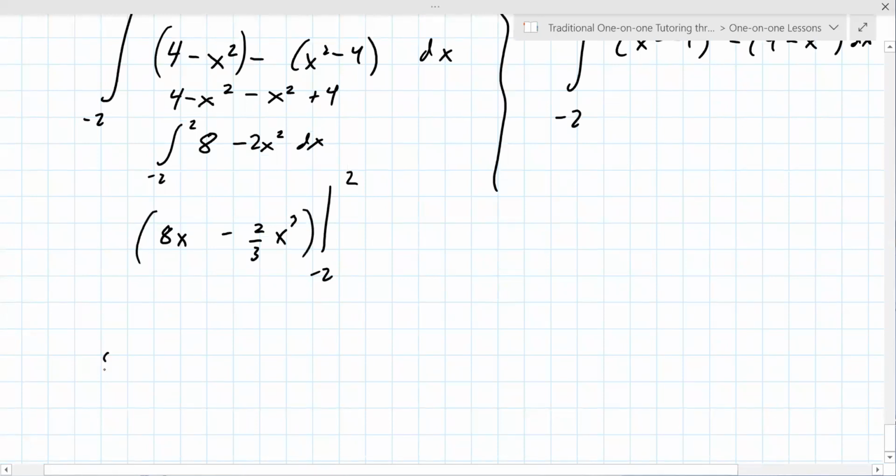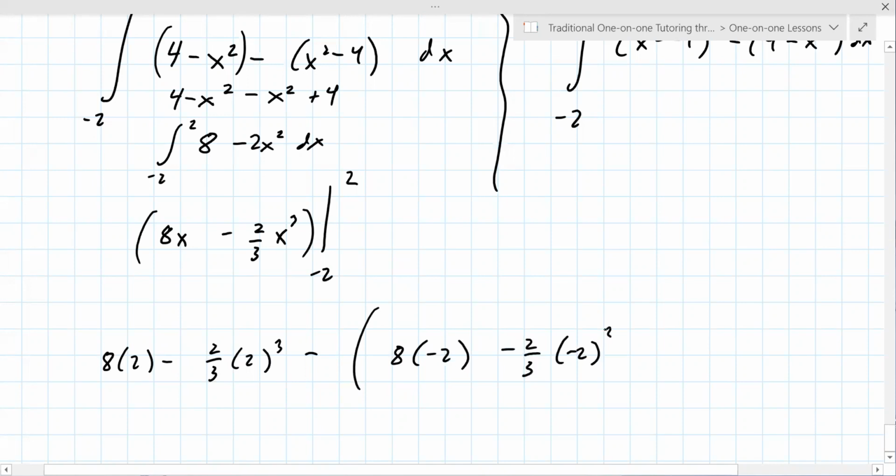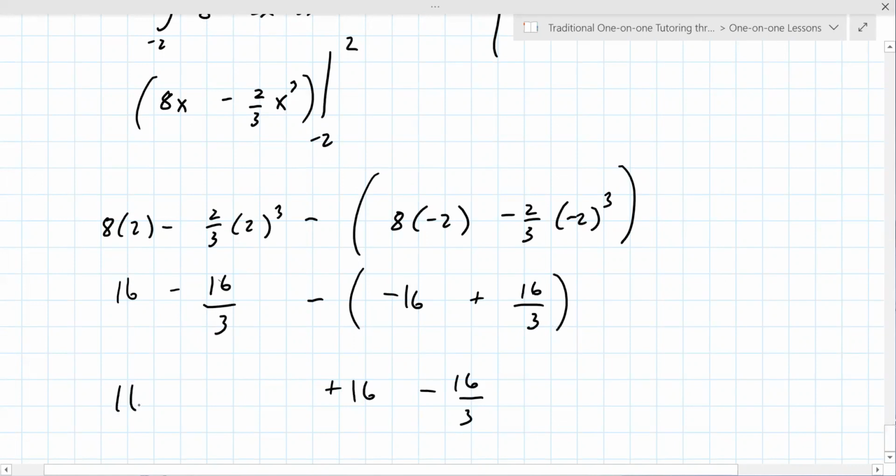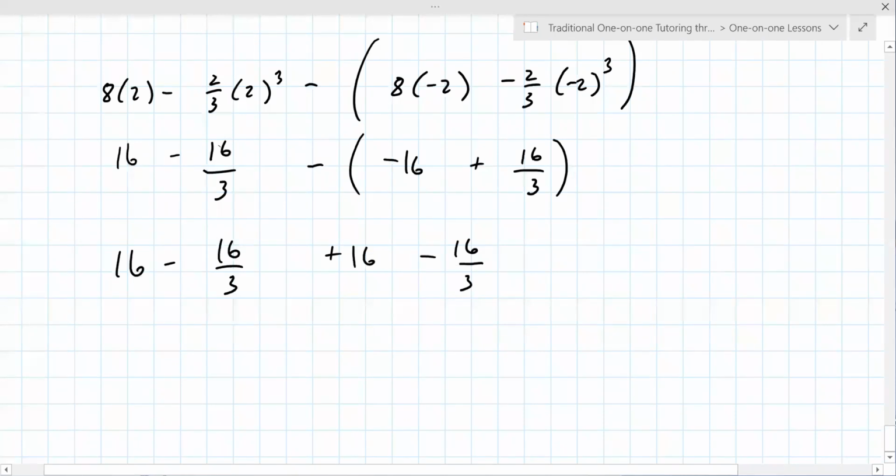So this is 8 times 2 minus 2/3 times 2 cubed, minus 8 times -2 minus 2/3 times -2 cubed. That's 16 minus 16 over 3, plus 16. Oh goodness. Fractions. Okay, so then 16 minus 16/3.